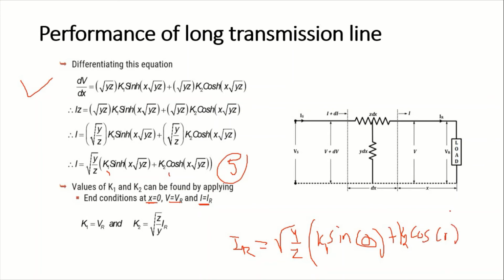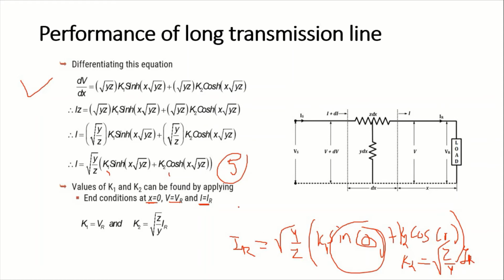We know that sin 0 is equal to 0 and cos 0 is equal to 1, so this term becomes 0 and only IR = under root Y by Z K2 is present. So the value of K2 we get is under root Z by Y into IR.